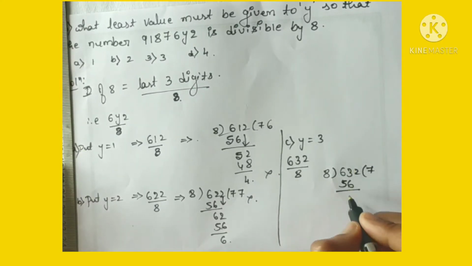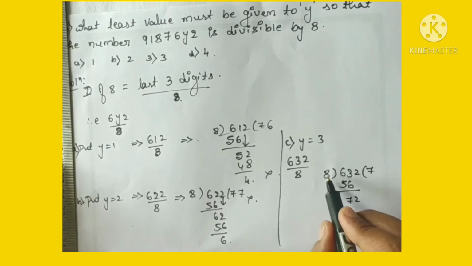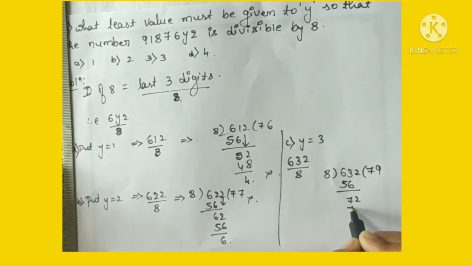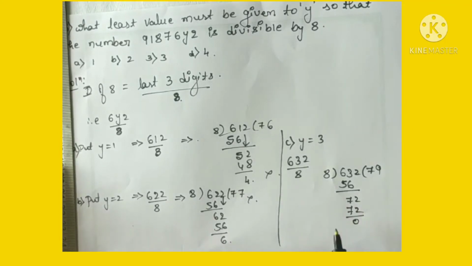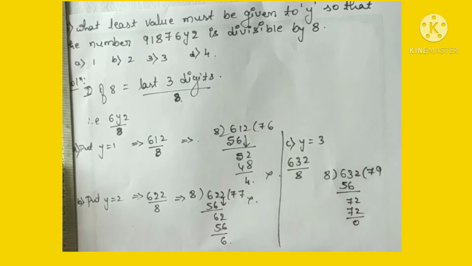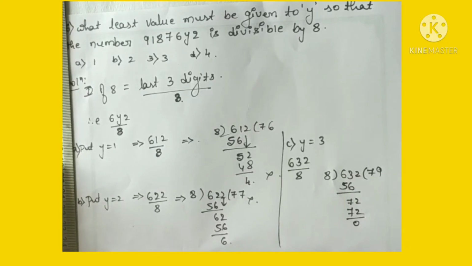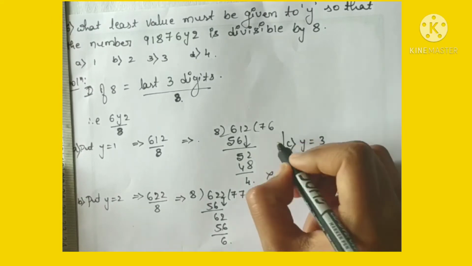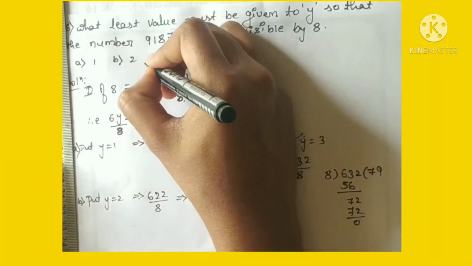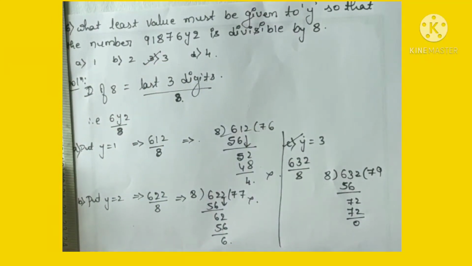The remainder is 7. I carry this 2 here. Then 8 nines are 72. So here it satisfies the divisibility rule of 8 because it completely divides 632. So this is the correct option. Option 3 is the correct option.